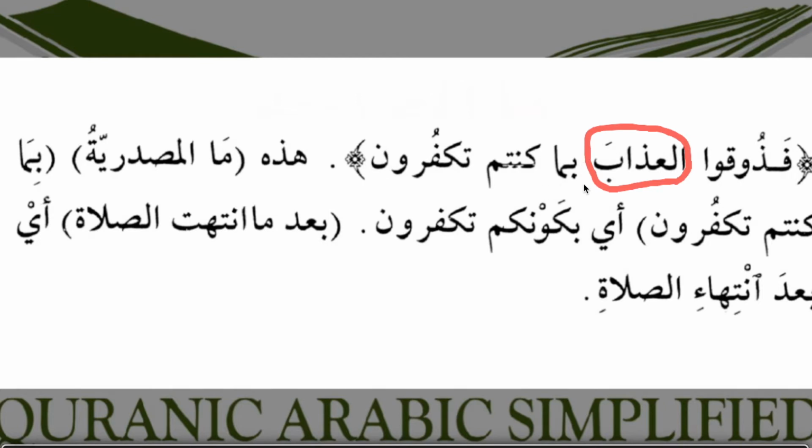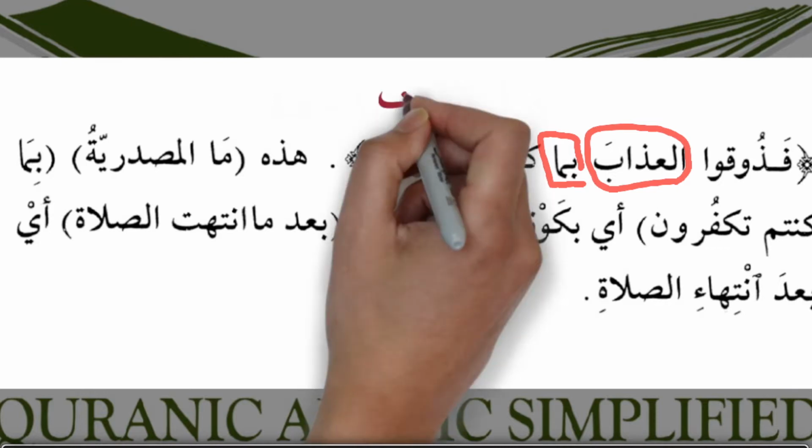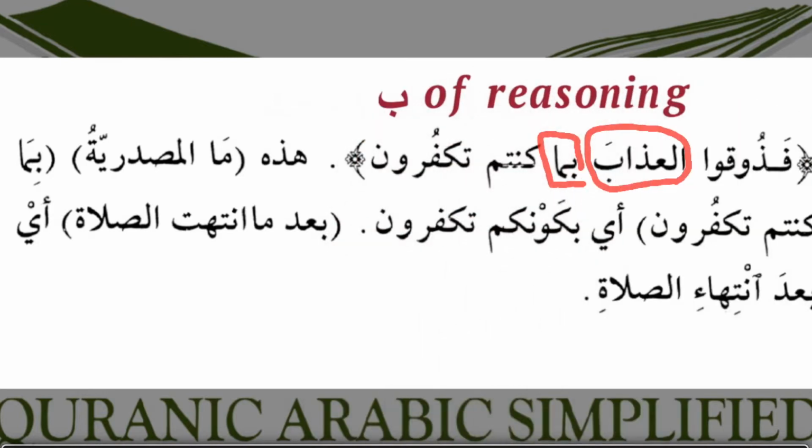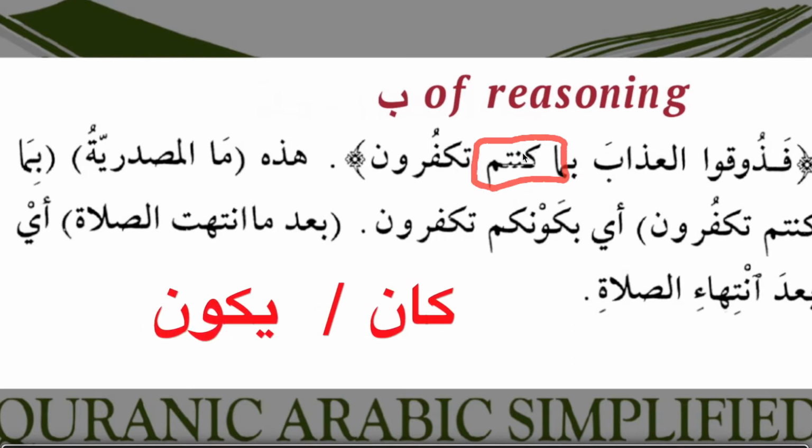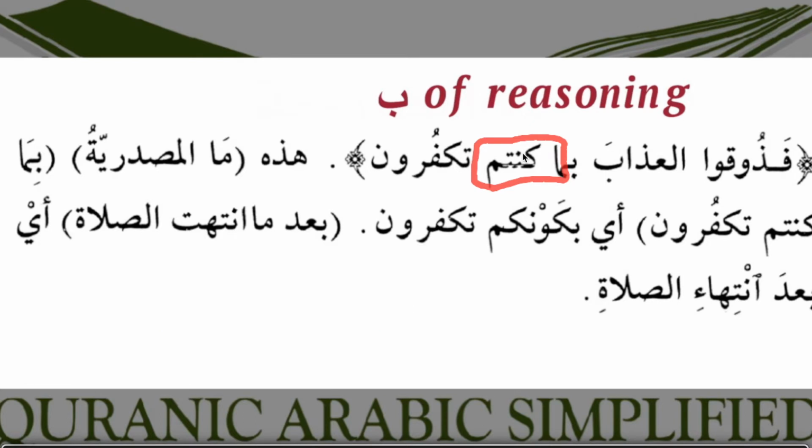So what do we have here? We have bima. This b plus ma combination is bima. This b is called ba of reasoning, or ba al-sababiyya. And ma kuntum. What do we see here? We have kuntum. Kuntum comes from kana yakunu. And what is the masdar for kana yakunu?